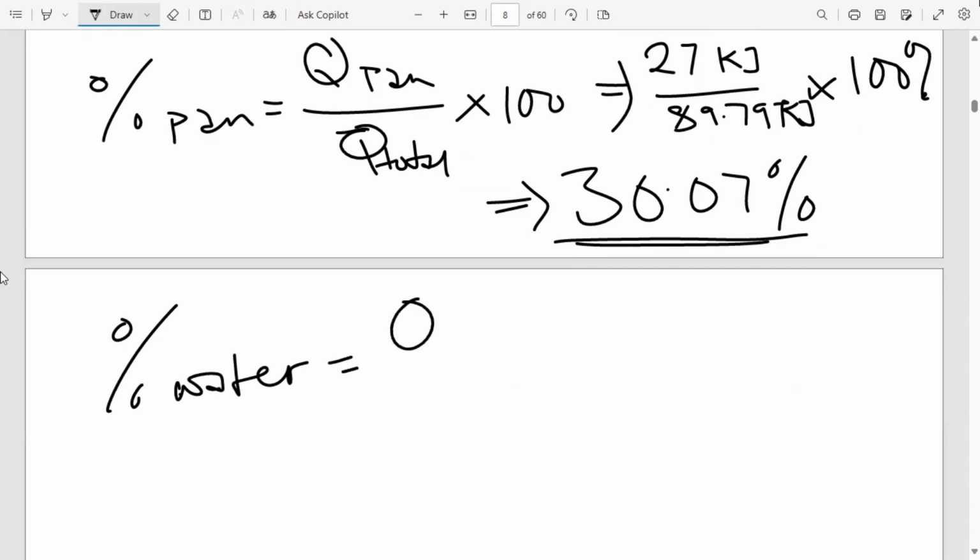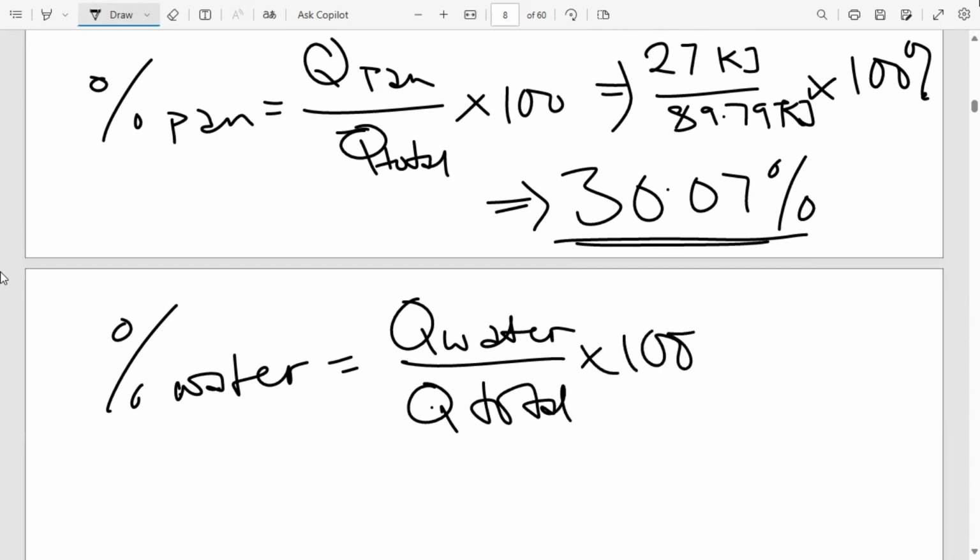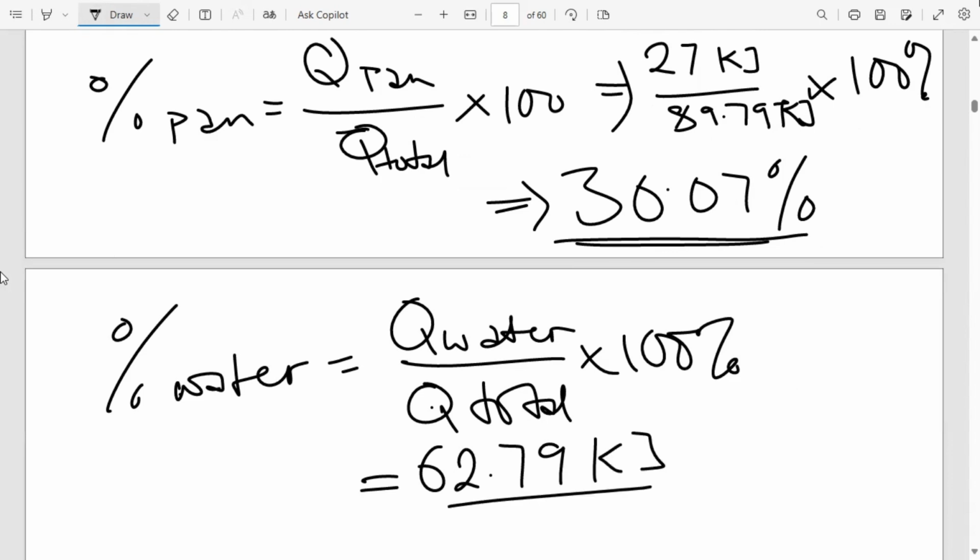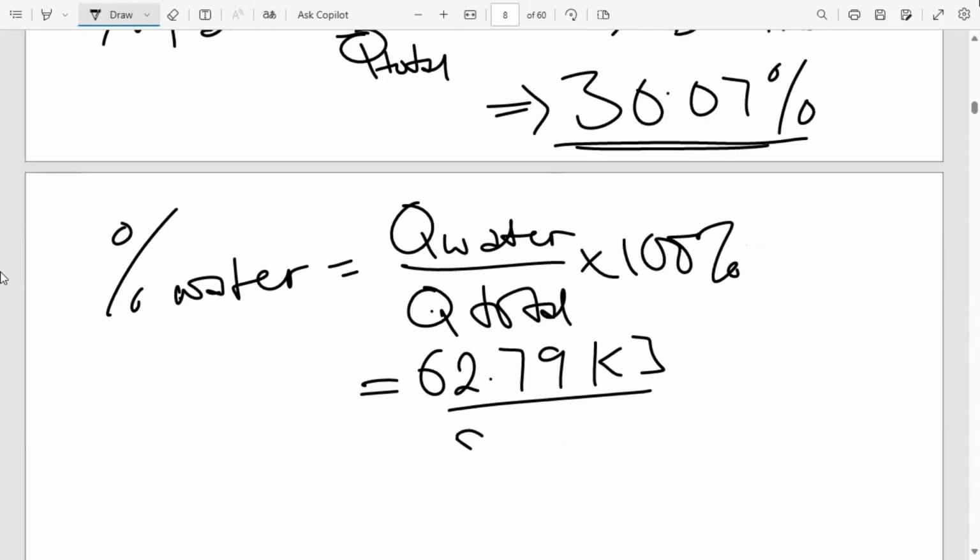Also do the same for the percentage of heat required to heat the water. This will be equal to Q water over Q total multiplied by 100%. This will be equal to 62.79 kilojoules divided by 89.79 kilojoules, multiplied by 100%.